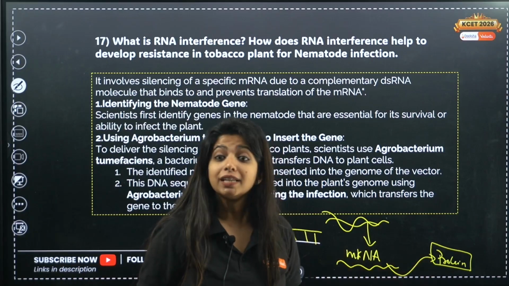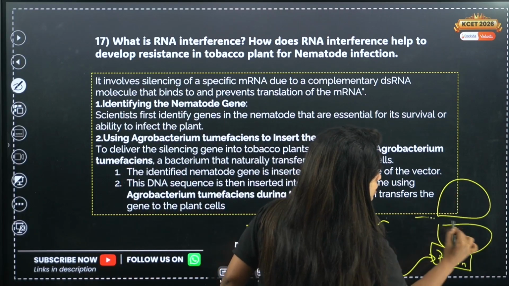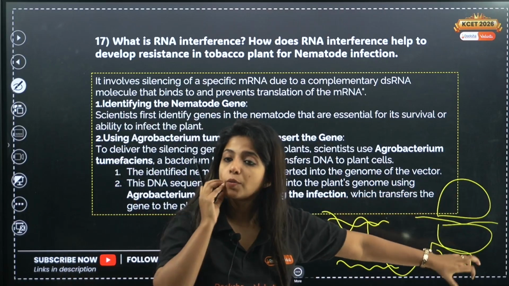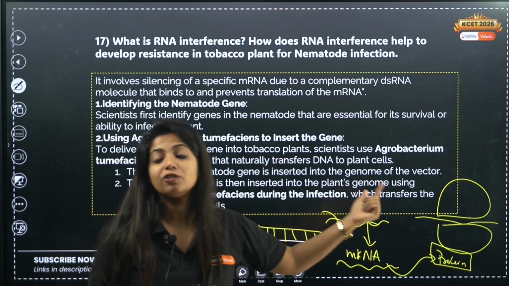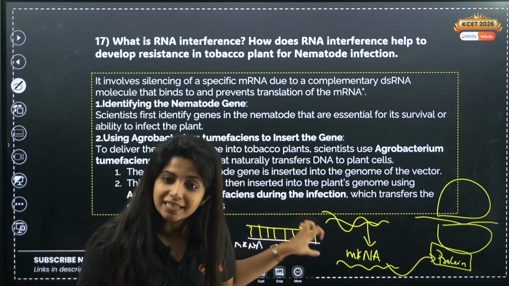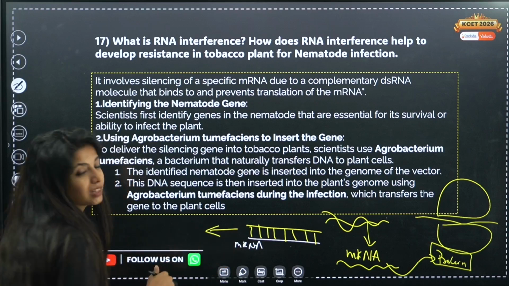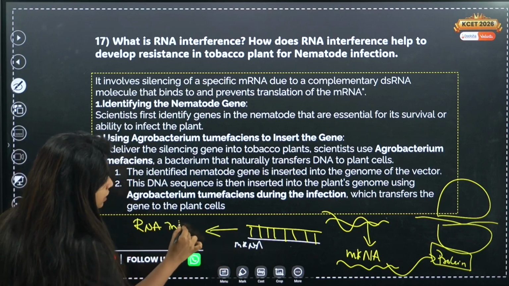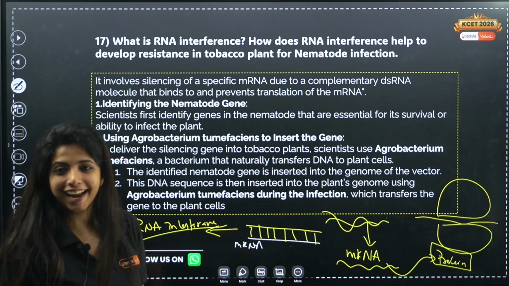No. For translation to happen, my dear children, a single-stranded mRNA should be coming in between the ribosomes, and the tRNA will be helping in translation and producing the protein. So anyway, if it is like this, proteins are not going to be produced. And this is the exact mechanism that we are going to use. We are going to interfere with the RNA's function. So that is known as RNA interference. And how do we do that? That is the question.